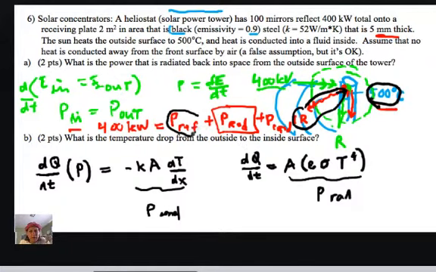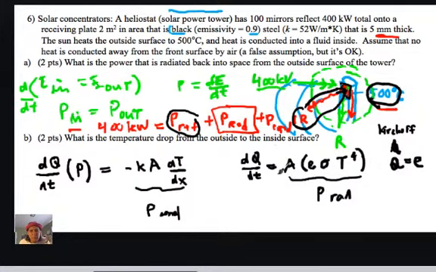What's that? Well, this is not a perfect absorber. We know that some sort of, I don't know what it is, Kirchhoff's law of heat. I forget what it's called. But anyway, basically the absorbance, I'll use an A, is equal to what's emitted. What's absorbed is equal to what's emitted.